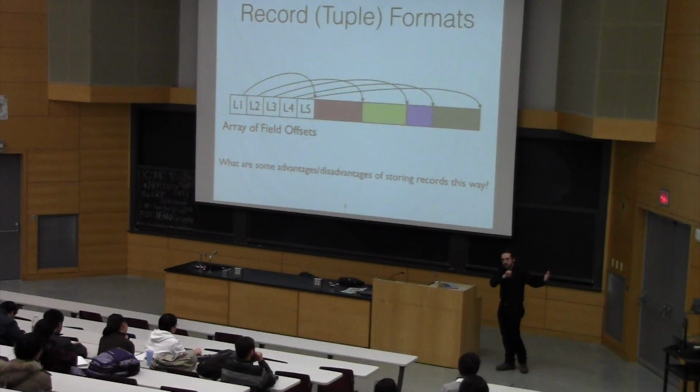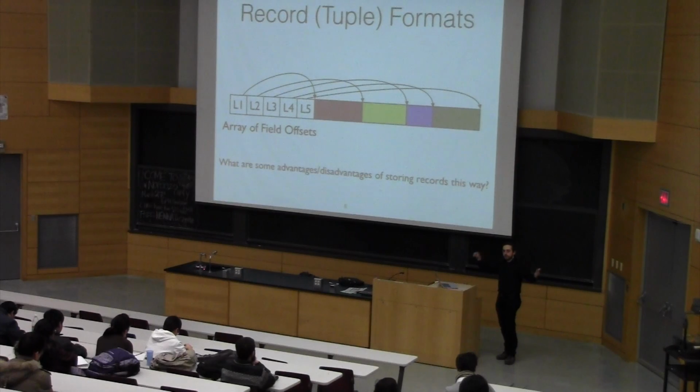Then I can jump directly to the byte where the attribute I'm interested in starts. So I pay 2 memory accesses rather than however many bytes there are until I get to the delimiter I'm looking for. Does that address your question?